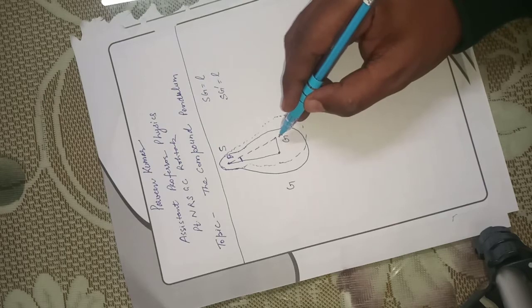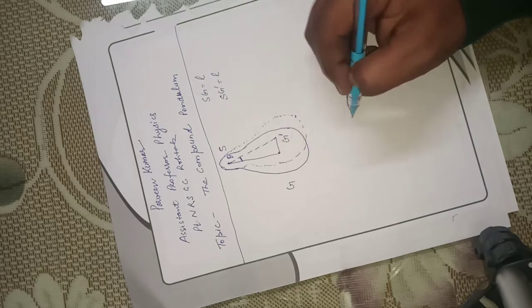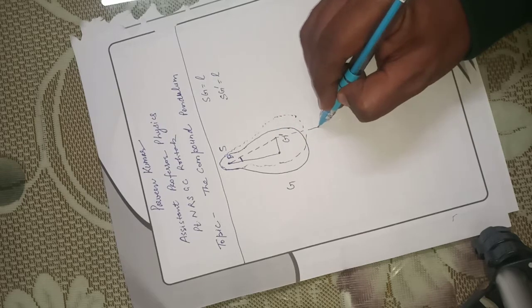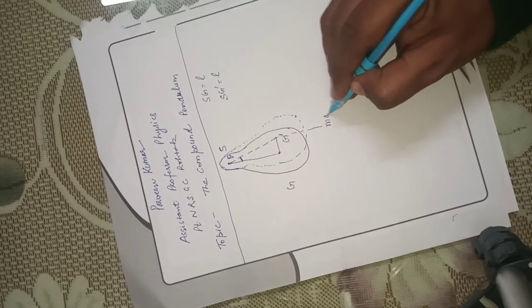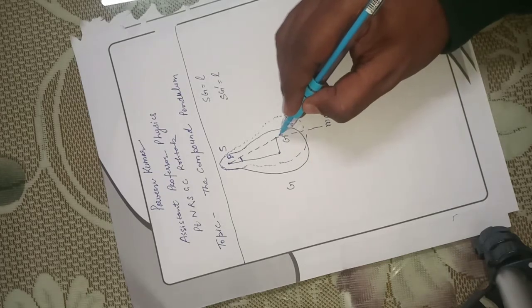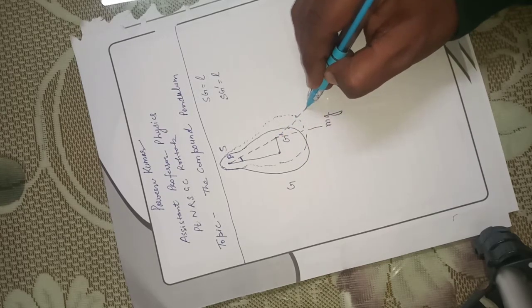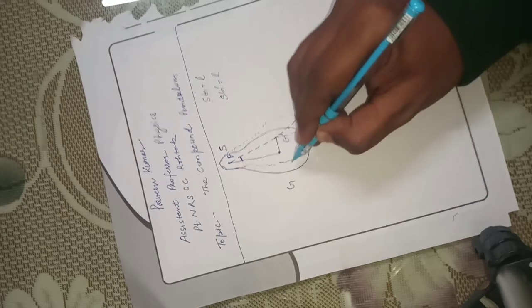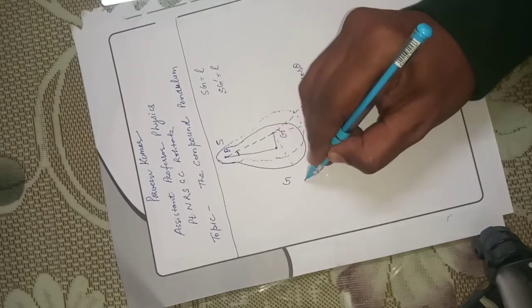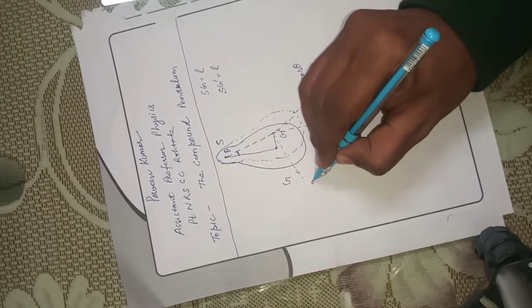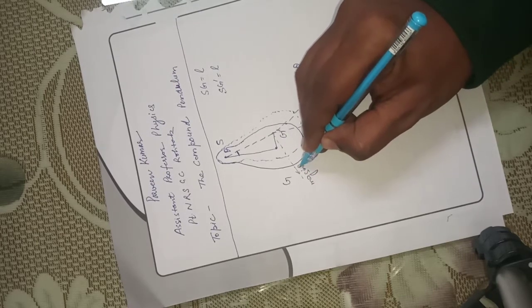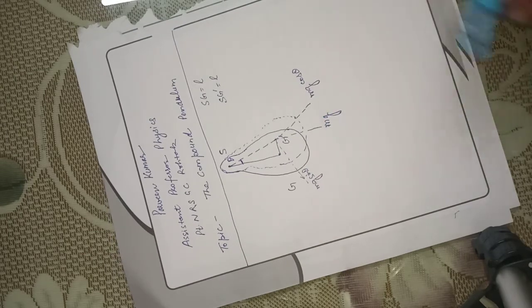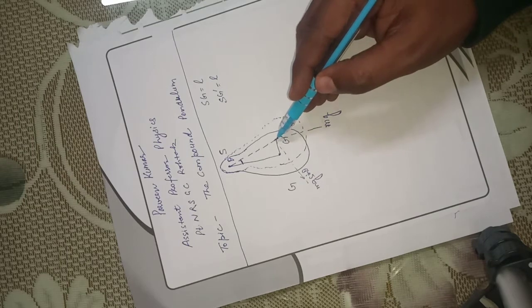The weight of the pendulum, mg, acts vertically downward at G. Again we have two components: this is mg cos theta, and the component that is the restoring force is mg sine theta. If we take angular motion, it will form a couple.